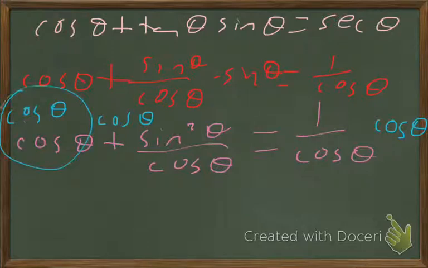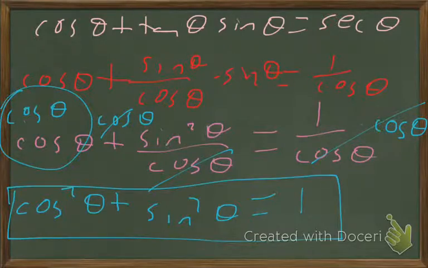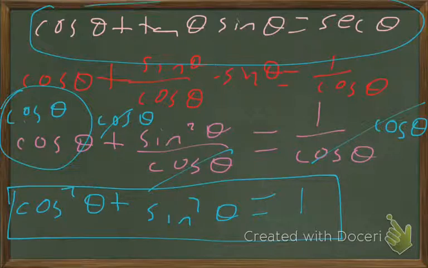Cosine theta times cosine theta is cosine squared theta, plus this cosine and cosine cancel, leaving us with sine squared theta, equaling 1 over cosine theta times cosine theta, those cancel out, leaving us with just 1. And bada bing bada boom, guess what? We know that cosine squared theta plus sine squared theta equals 1, therefore proving that this guy way up here is also an identity.